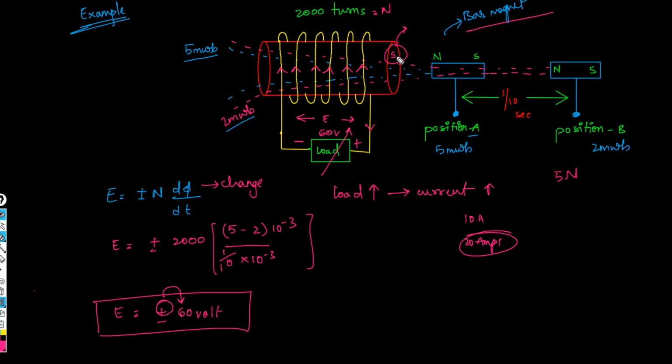Therefore, the attraction force between this iron core south pole and the magnet north pole will increase. Therefore, it will oppose the force that has been causing the magnet to move from one position to another position. Therefore, as the intensity has been increased, now for movement of the same magnet from position A to position B, we require 10 newtons of force.